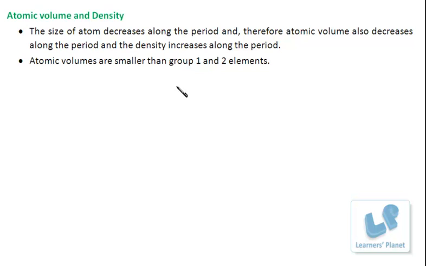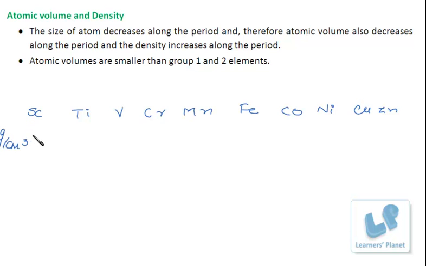I'll tell you the densities of the 3d series elements. The elements of the 3d series are scandium, titanium, vanadium, chromium, manganese, iron, cobalt, nickel, copper and zinc. Now their density varies: the density of scandium in gram per cubic centimeter is 3.43.